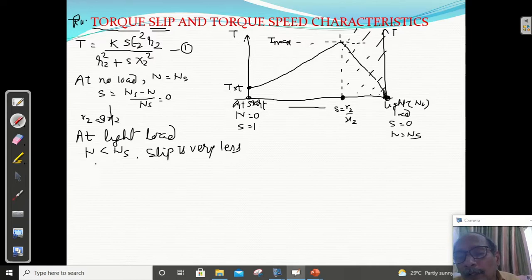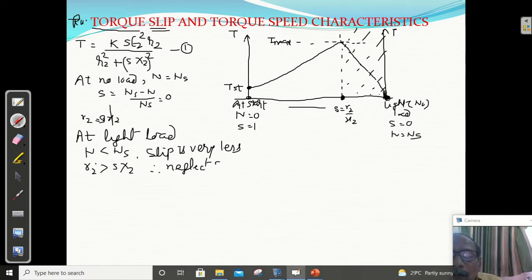If slip is very less, then compared to R2, sX2 is very less because slip is very less. So S square X2 square, compared to this R2, is very less. So this is negligible. So neglect S square X2 square.